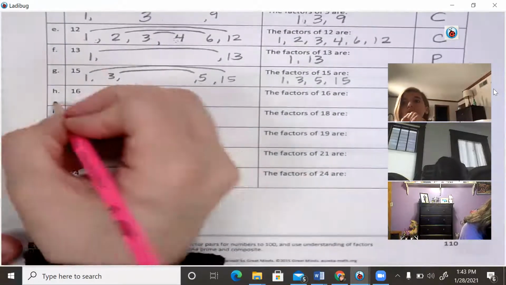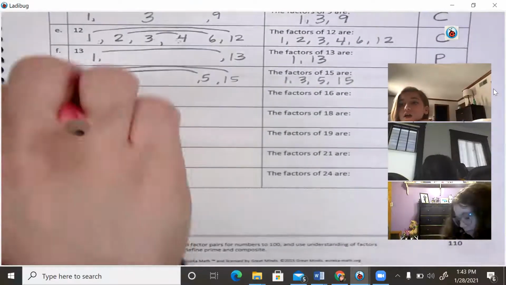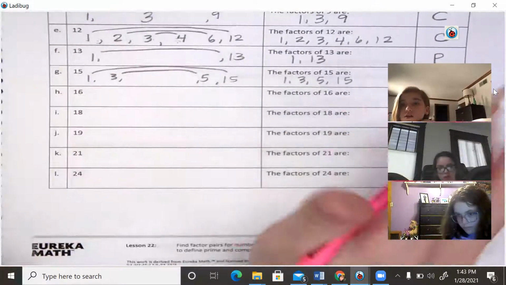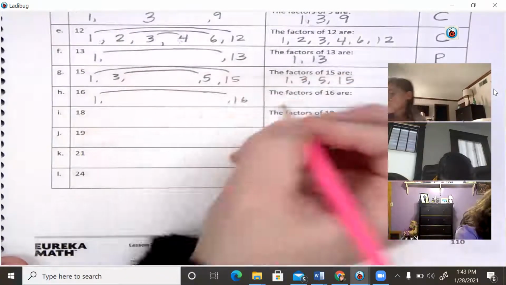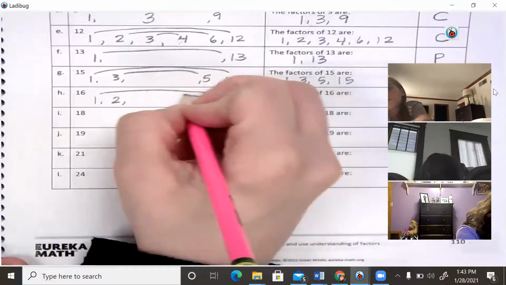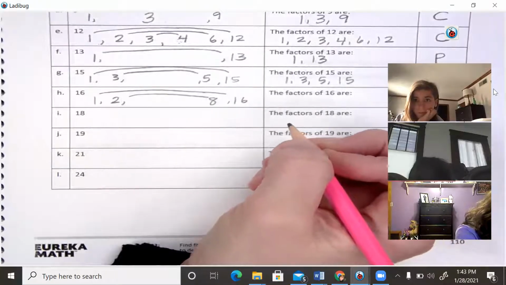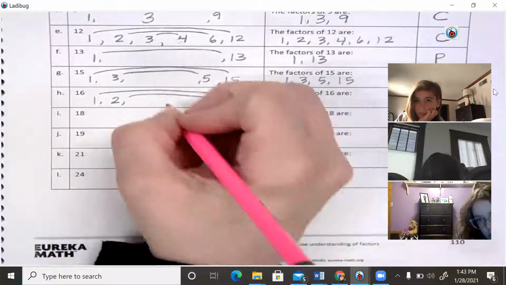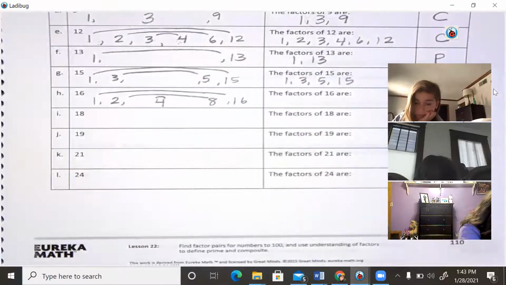Okay, group 2. We didn't have anything, but I'll do it. So we did 1 times 16. Then we did 2 times 8. Then we did 3, but that didn't work. So we went to 4 times 4. Oh, I love those ones when it goes to itself. You don't even have to think anymore.